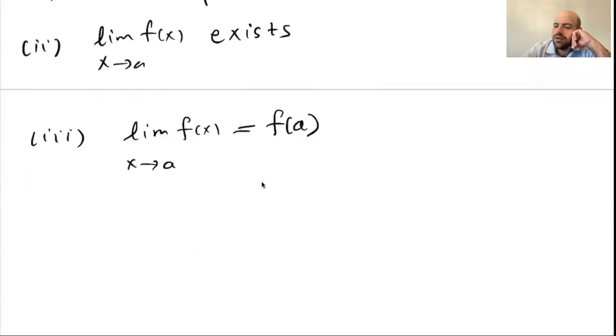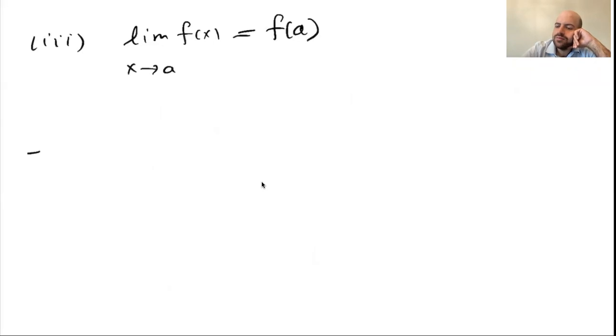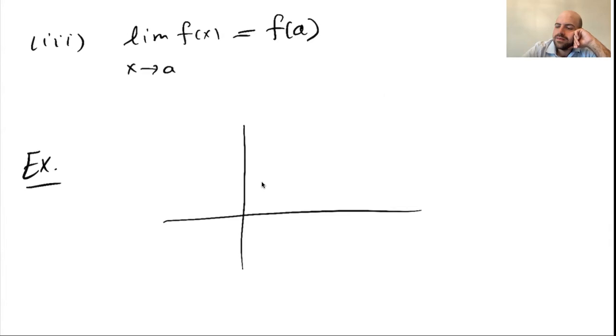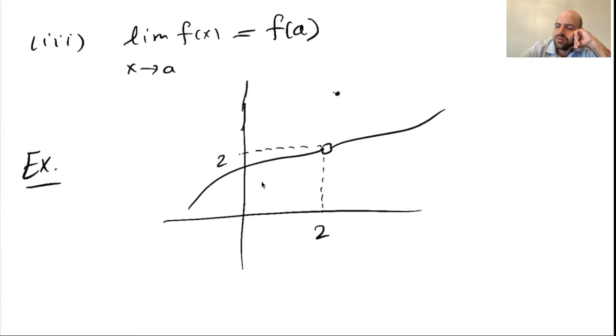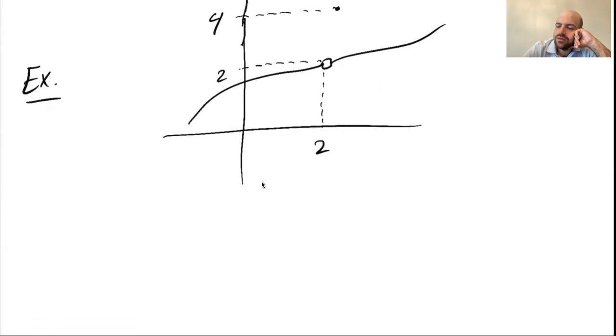Okay, so let's look at an example. Let's say we have, for example, this function here, and let's say this is 2, and let's say this is also 2, and let's say, for example, here we have a filled point at 4.